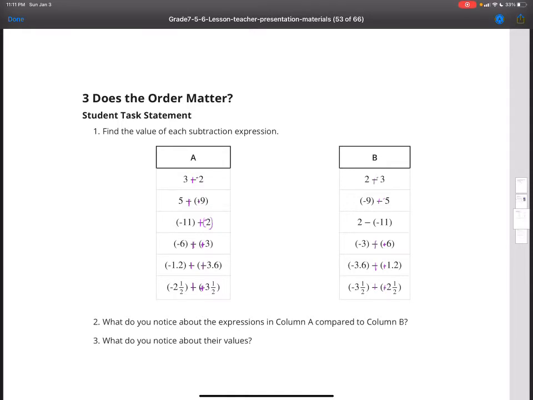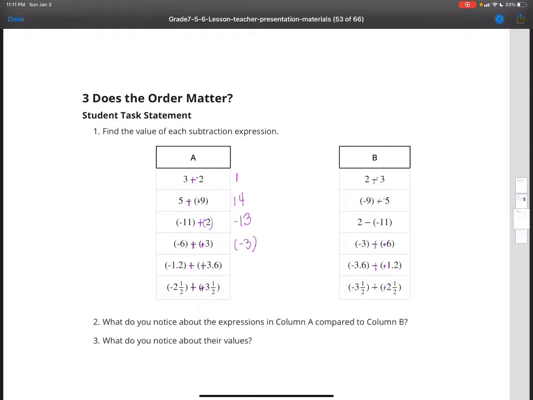Okay. So in the first column, we have 3 plus -2, which we already know is the same as 3 minus 2, which will be 1. 5 plus 9 will be 14. -11 plus -2 will be -13. -6 plus positive 3 will be -3.